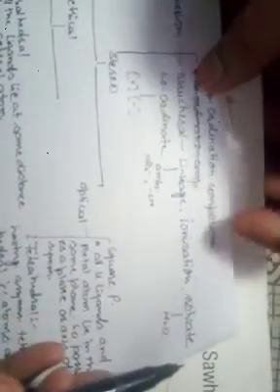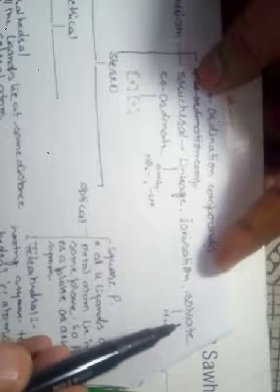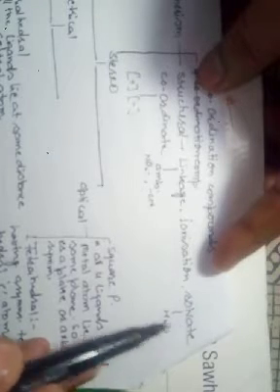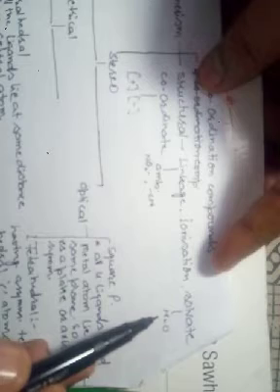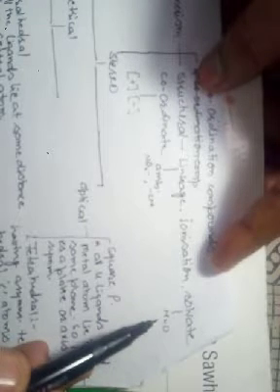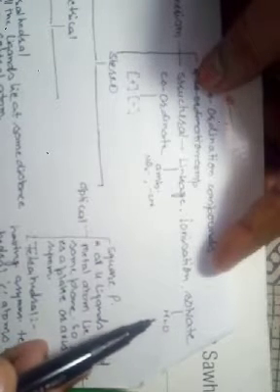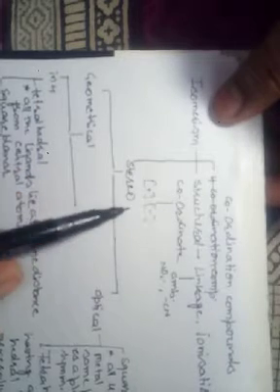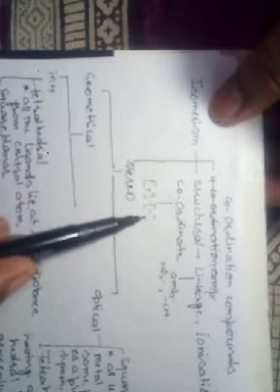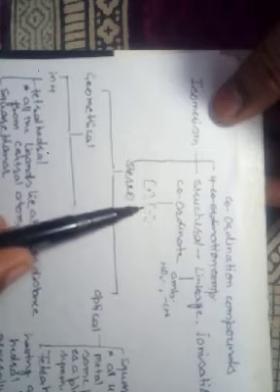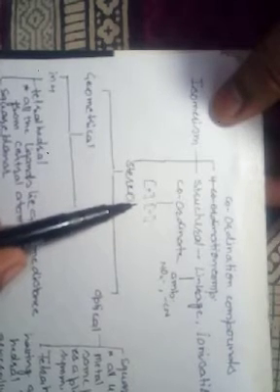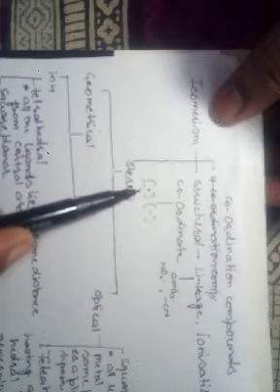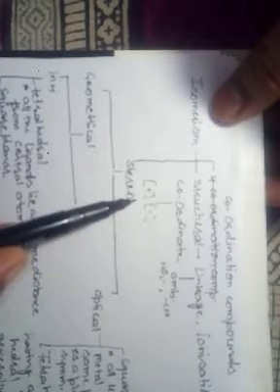Now for solvate isomerism, the compound must have H2O molecules. Okay students, so there should be a presence of H2O molecules. And in coordinate isomerism, both the spheres in the compound, positive and negative, should be in the form of coordination spheres only.